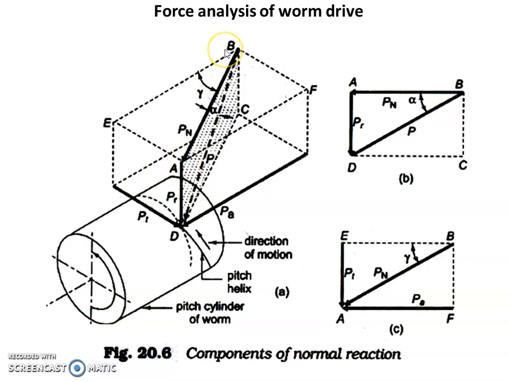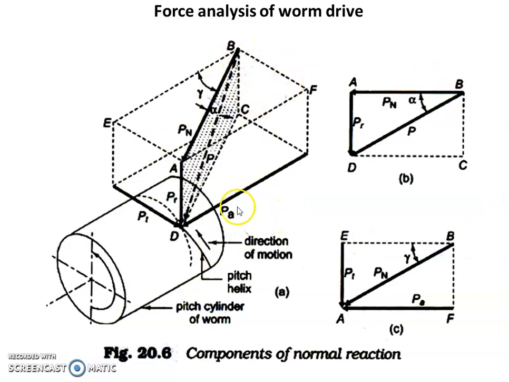AB represents PN, AD represents PR, and the resultant of all these three forces, axial, radial, as well as tangential components of force, is BD, which we consider as the solid diagonal of this three-dimensional figure.